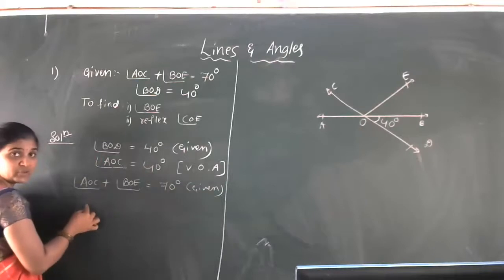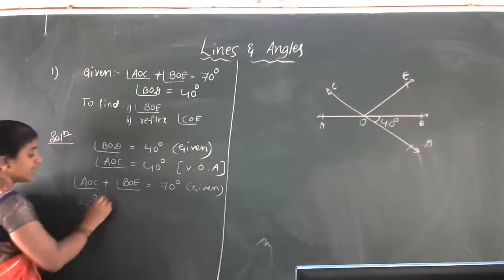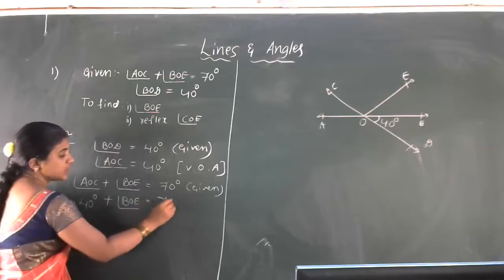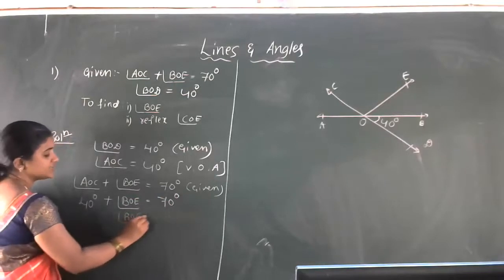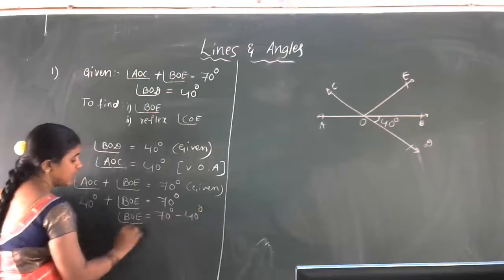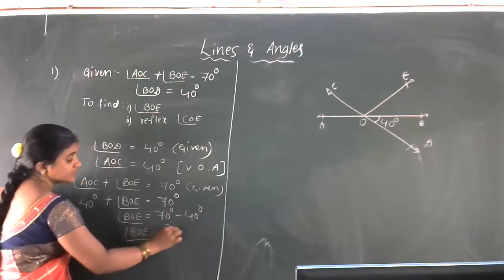Can we substitute that 40 degrees here? Yes, angle AOC is 40 degrees plus angle BOE, which is unknown, is equal to 70 degrees. Now, angle BOE is equal to 70 degrees minus 40 degrees. So angle BOE measurement is 30 degrees.